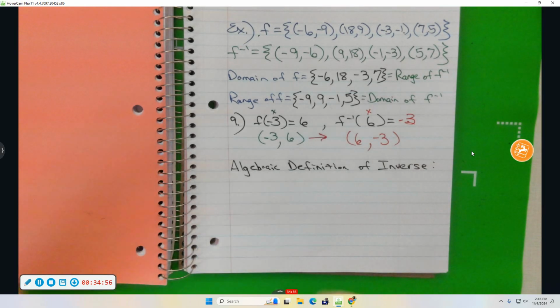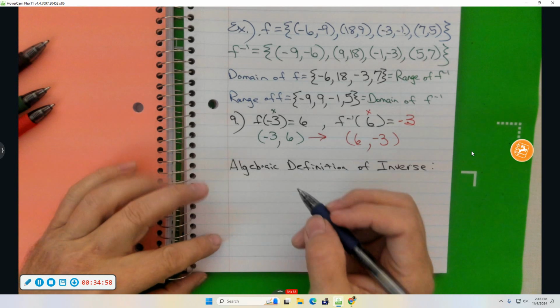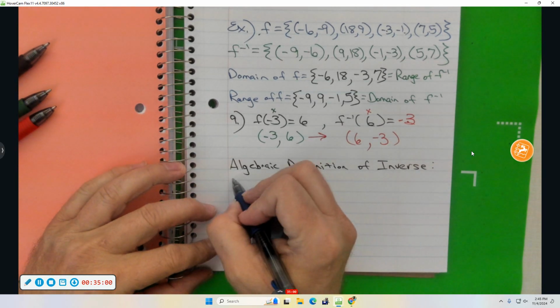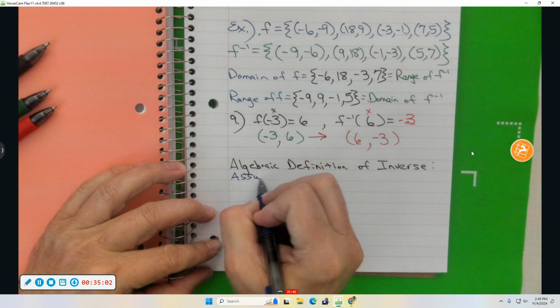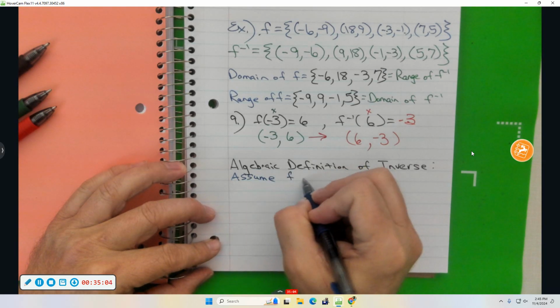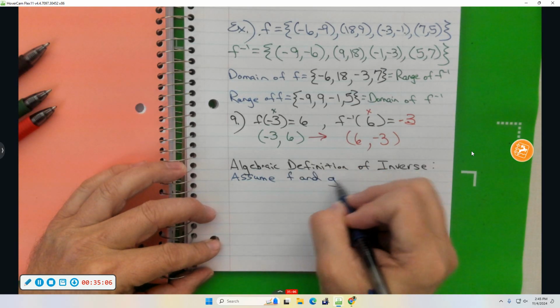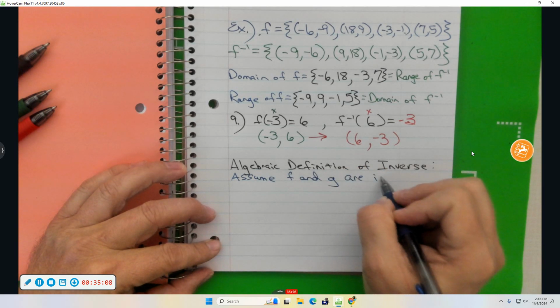Let's assume you have two one-to-one functions. Let's assume f and g are inverses.